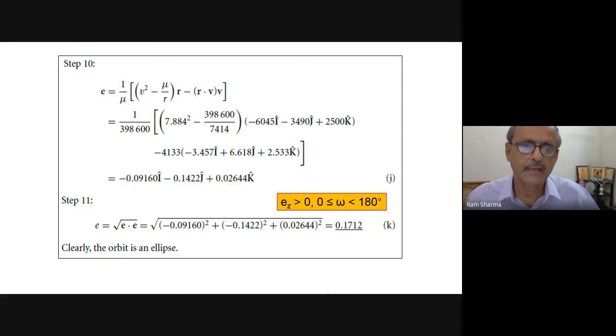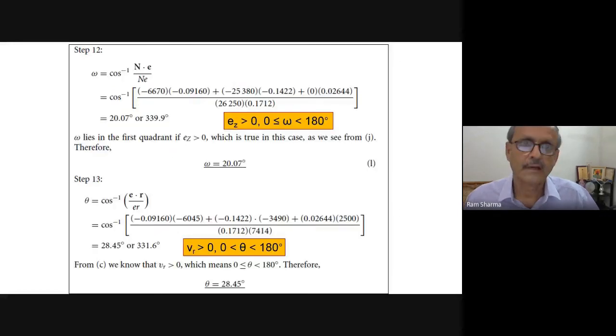Then you square each component and take the square root, and that is the eccentricity. As I told you, omega became a positive value, so first or fourth quadrant, and Ez greater than 0, so first or second quadrant. So you got the answer in the first quadrant, the common quadrant.